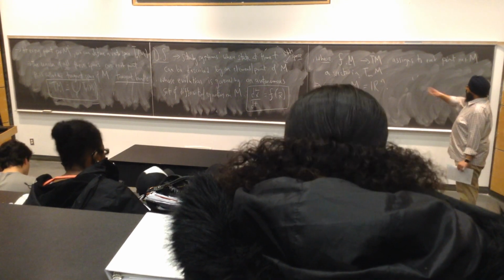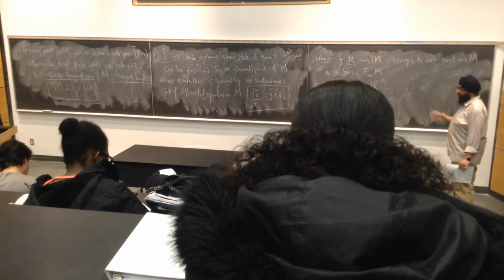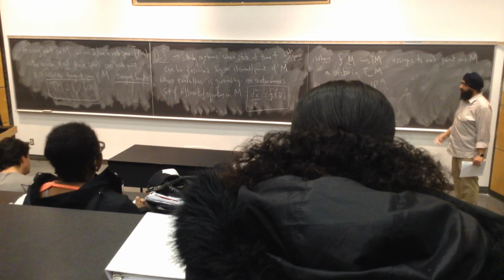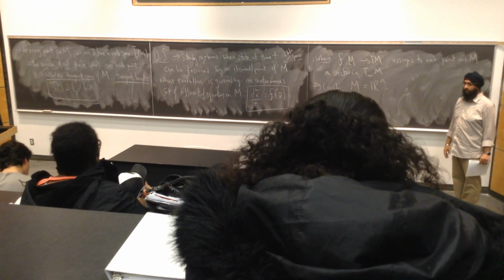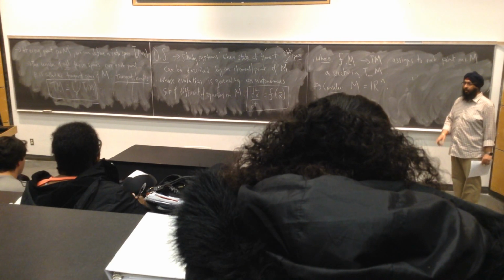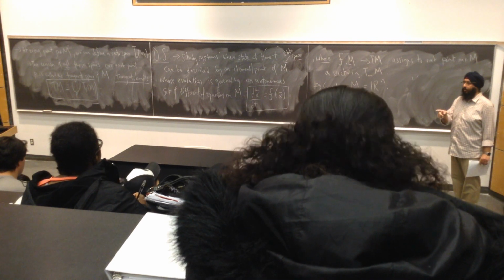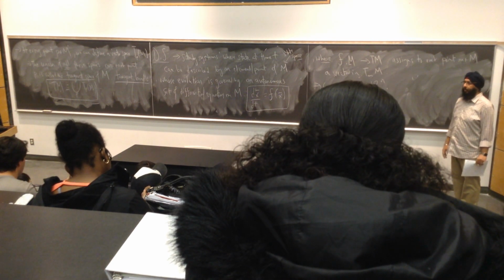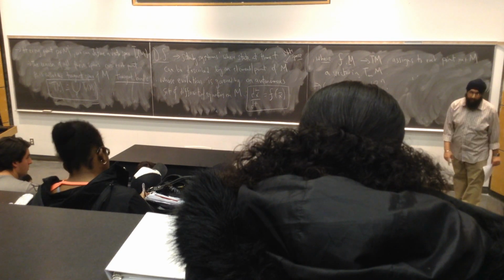So, if M is equal to Rn, so M is in fact just the Rn space, what is the tangent space of Rn? Very simple. So if my manifold now is Rn, what is the tangent bundle of Rn? Very good.